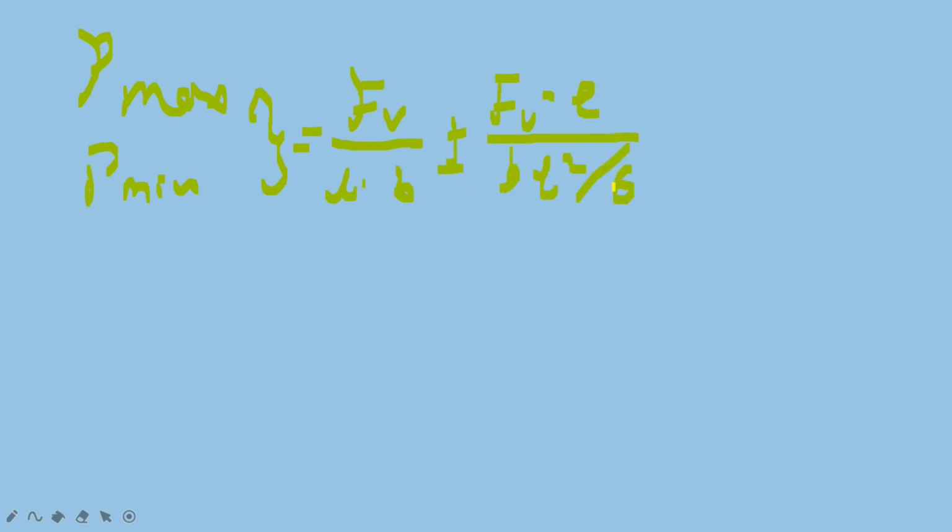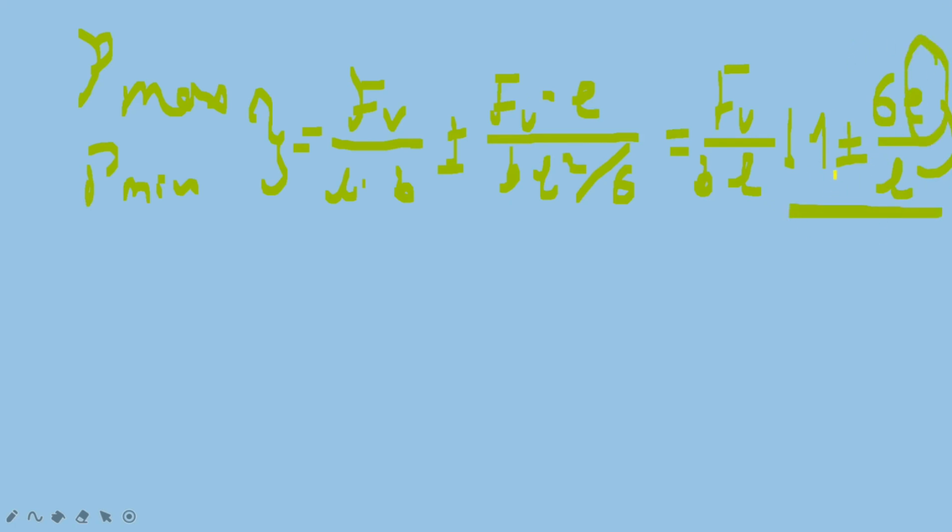The extreme pressures equal Fv over the area plus or minus the bending moment over the section modulus, and it equals Fv over BL times the bracket 1 plus or minus 6 times e over L. So now we make the eccentricity the only factor influencing the value of P minimum.